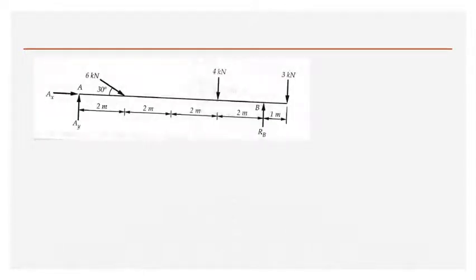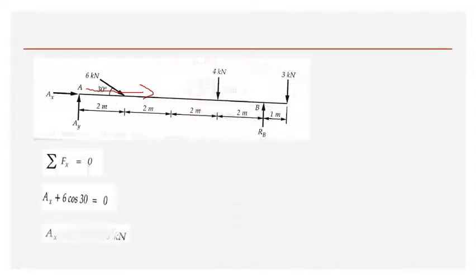Next, apply the another condition, sigma Fx is equal to 0. So the two horizontal forces, Ax and the horizontal component of 6 kilonewton, that also acts towards right. So Ax plus 6 cos 30 is equal to 0.